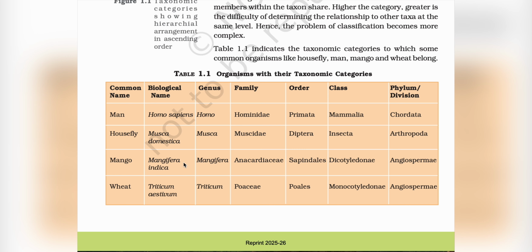Mango has the scientific name Mangifera indica, genus is Mangifera, family is Anacardiaceae, order is Sapindales, class is Dicotyledonae and division is Angiospermae. Wheat, that is Triticum aestivum, genus is Triticum, belongs to family Poaceae, order is Poales, class Monocotyledonae, and division is Angiospermae.